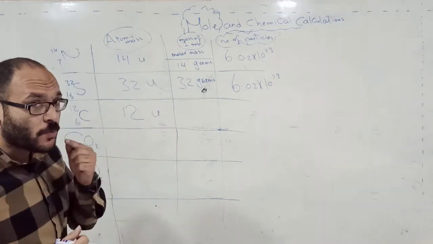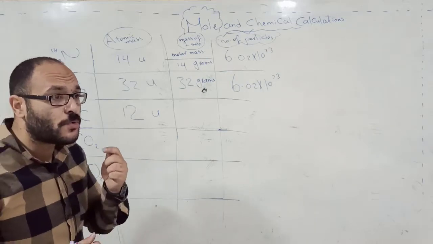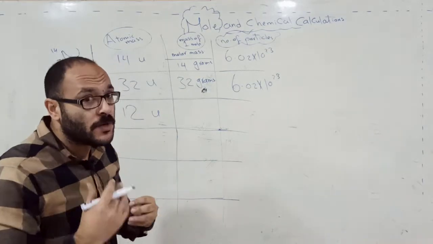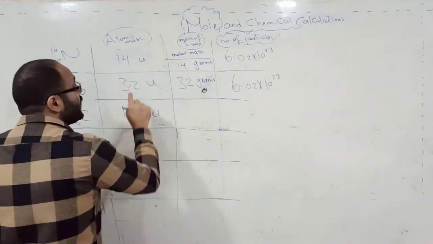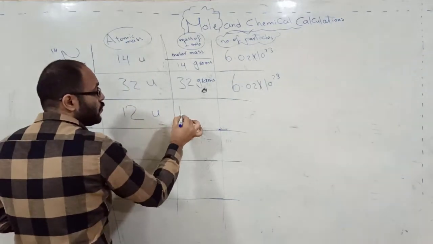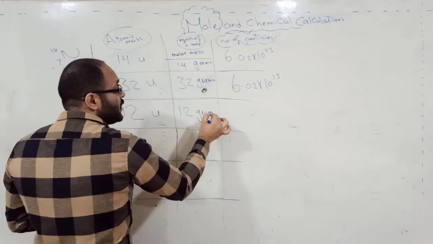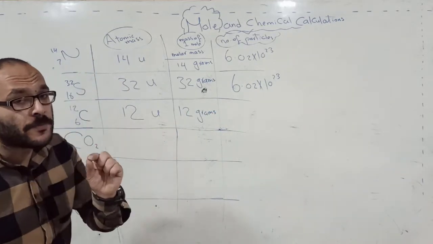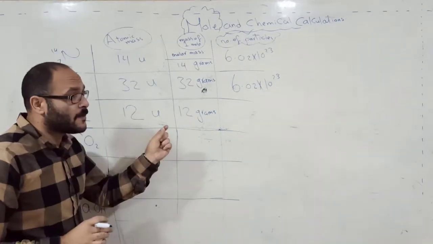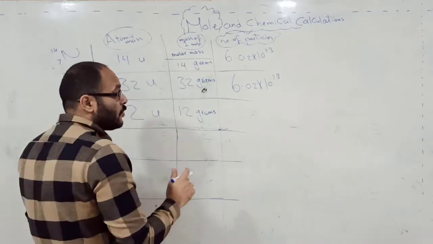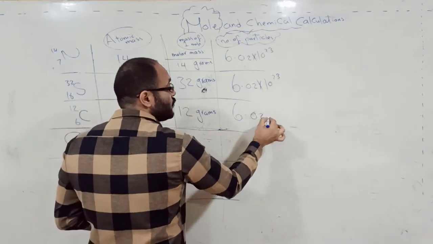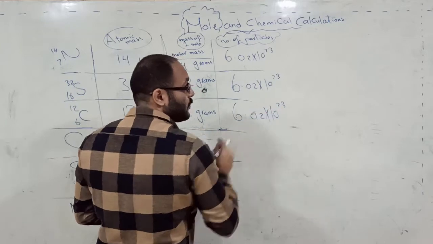For the molar mass, Avogadro said take the atomic mass 12 but in grams. That means if we count the number of atoms in 12 grams of carbon, they will be 6.02 times 10 to the power 23.